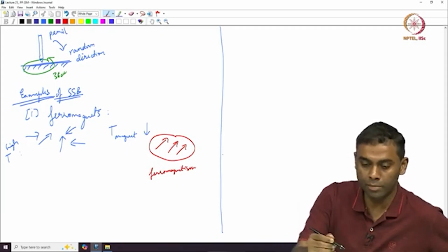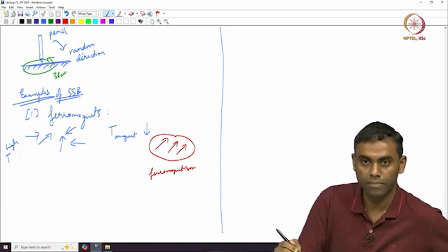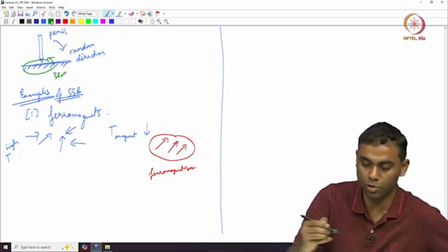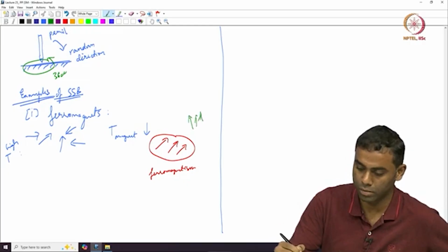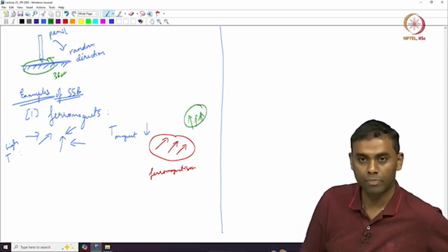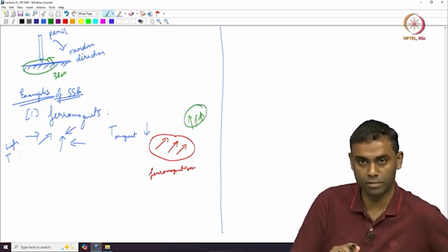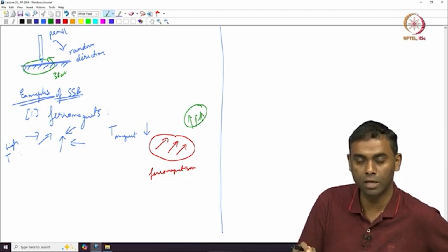But the alignment could have been in many different directions, right. There were many possibilities, the spins could have been aligned in this direction also, correct, but the system had to choose some direction, which depended on the initial conditions.